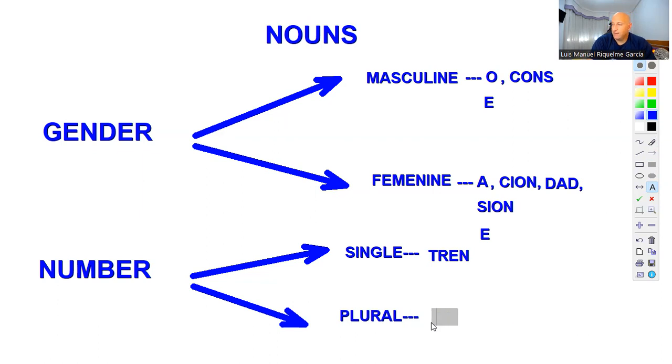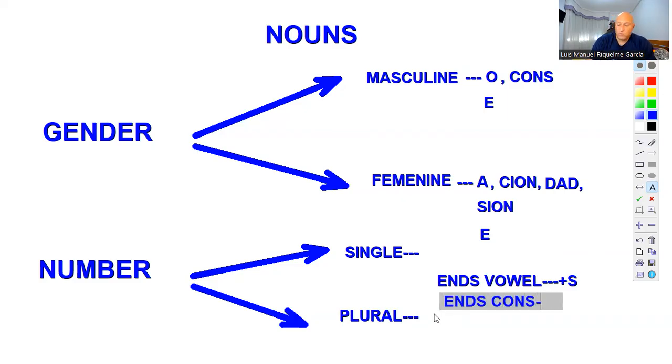So, summing up, to turn a single word into plural, there are two different ways of doing it in Spanish. If the single word ends with a vowel, we only need to add an S. But if the word ends with a consonant, we will add an ES.